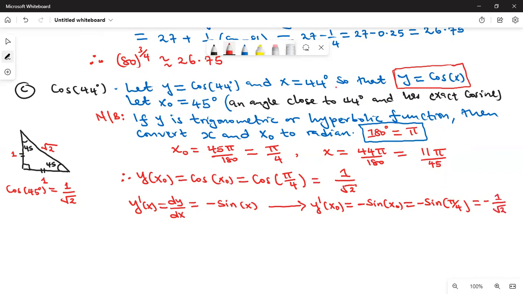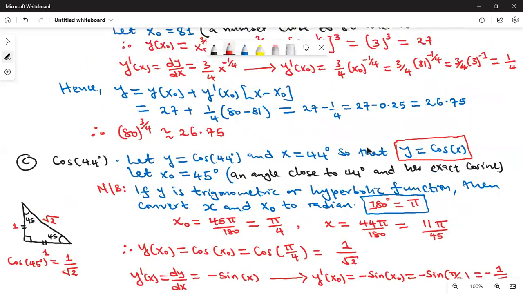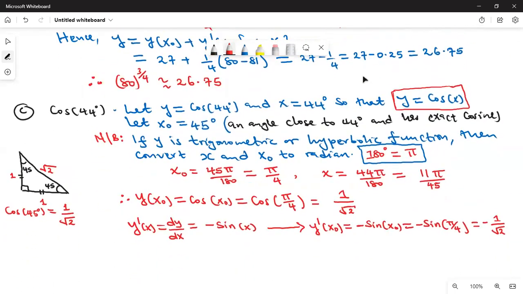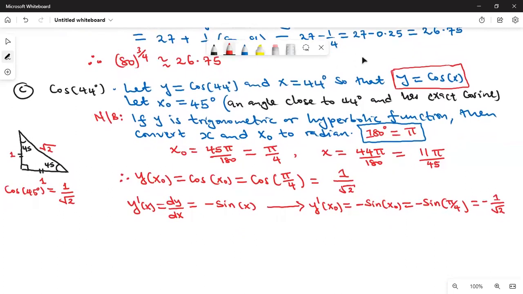What else do we need? We have everything. And so just go back to the formula, substitute those values that you have found. So we are going to say that hence the y that we need is now given by y at x naught plus y prime at x naught times x minus x naught.